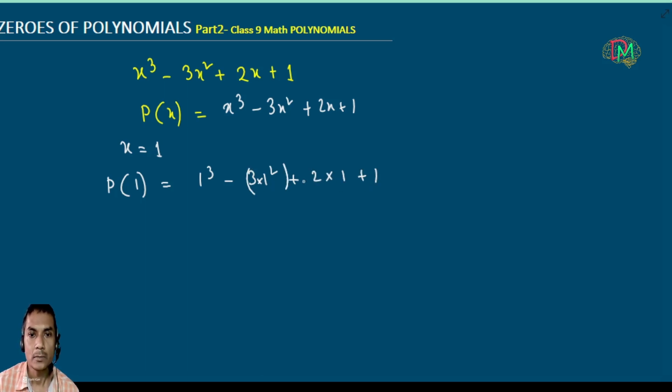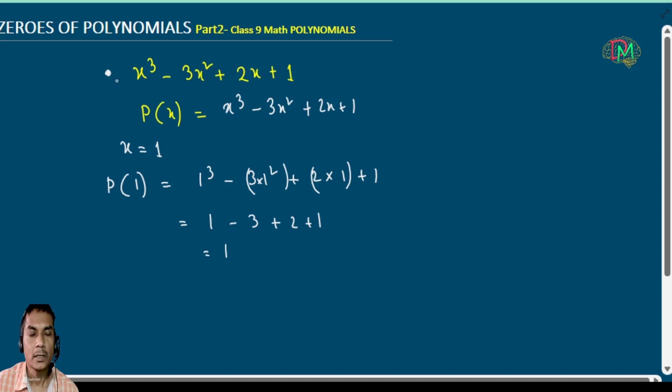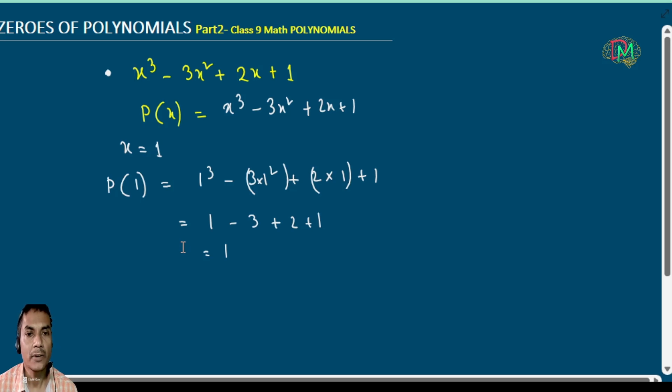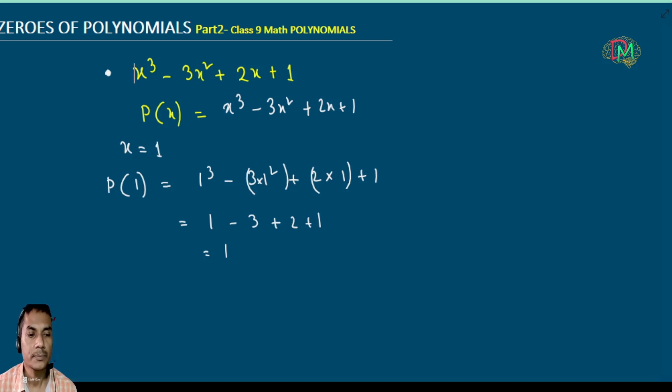So you get 1 minus 3 plus 2 plus 1, which is 1. This is the right answer. This way you can find the value of the polynomial for any given value of the variable. If the variable is defined, we replace it with that number and we get the value of the polynomial. Clear?